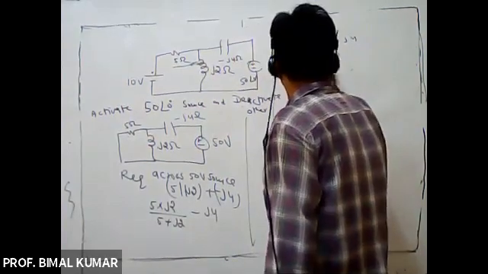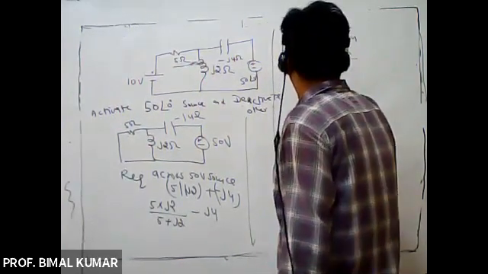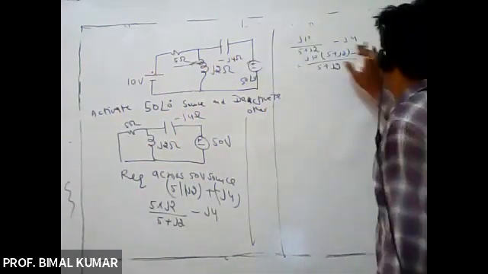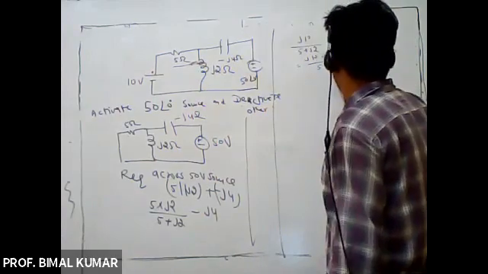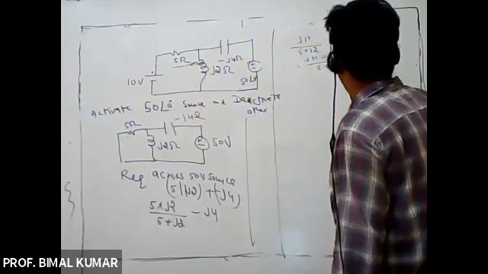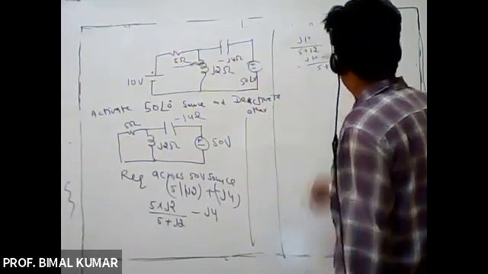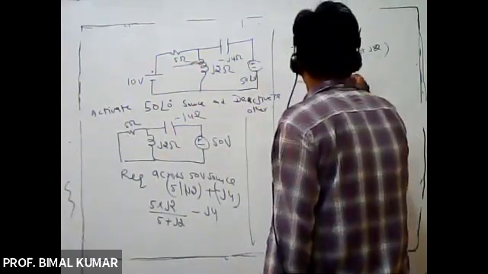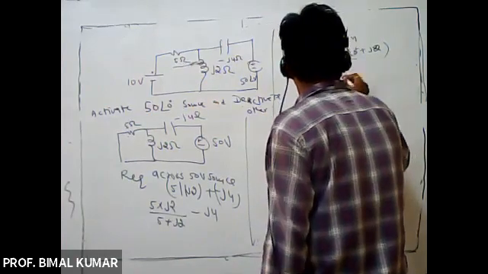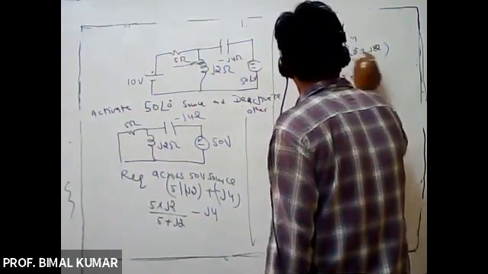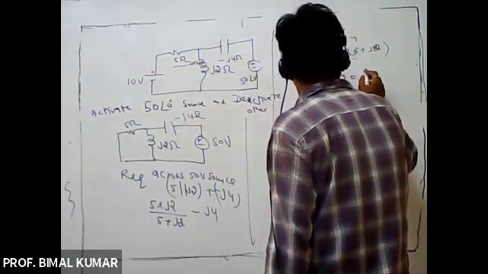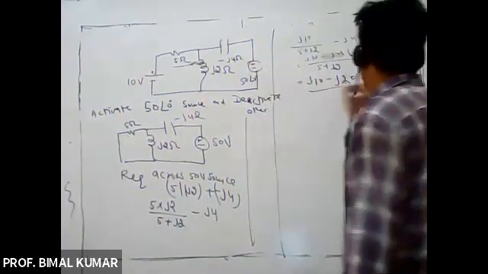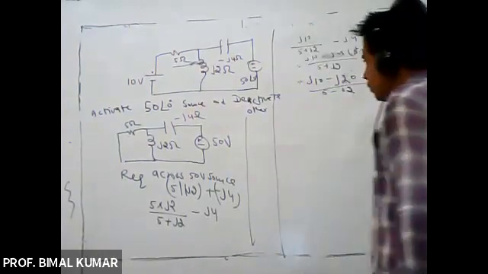So the LCM is 5 plus j2: j10 into 5 plus j2, minus j10 minus j4 into 5 plus j2, right? So this will be j10 minus j4 into 5, j20, j into j is minus 1, 4 into 2, 8, minus minus plus. So this will be plus 8 divided by 5 minus j2, right?